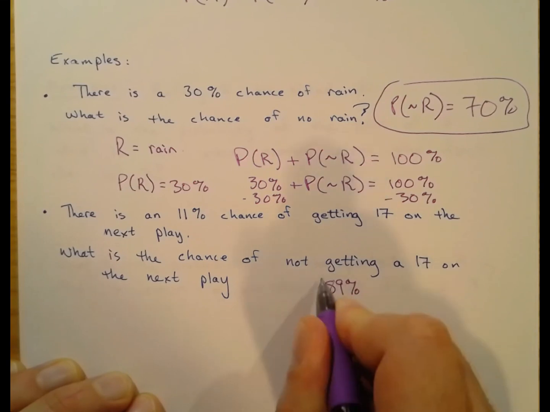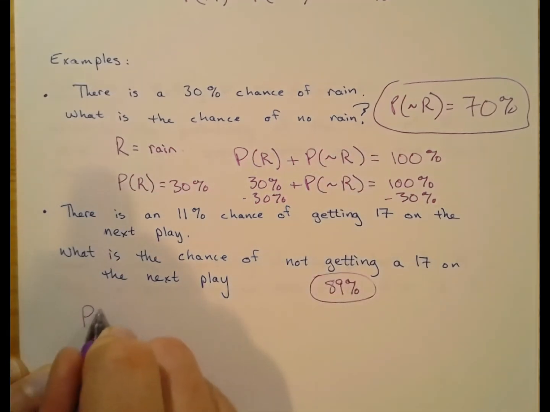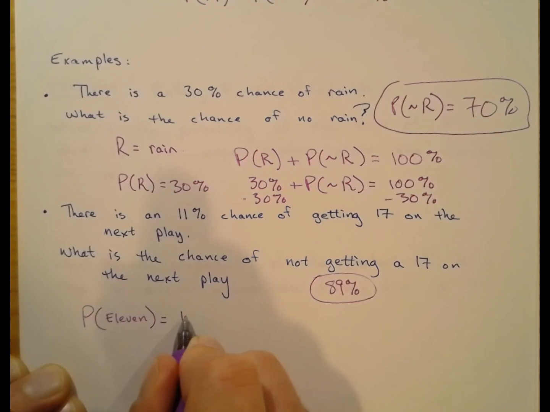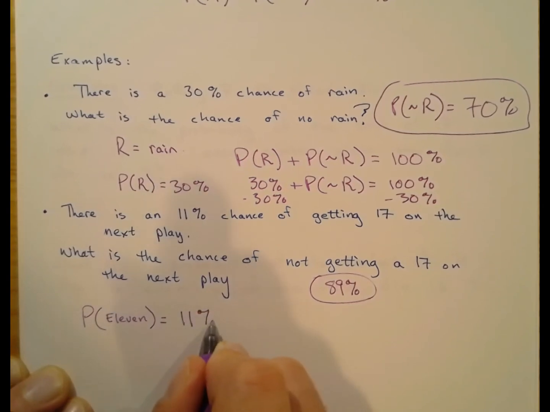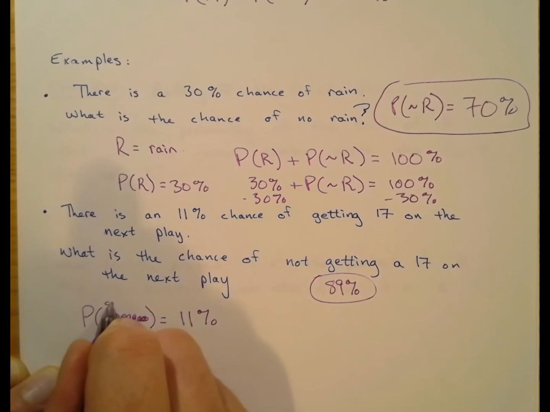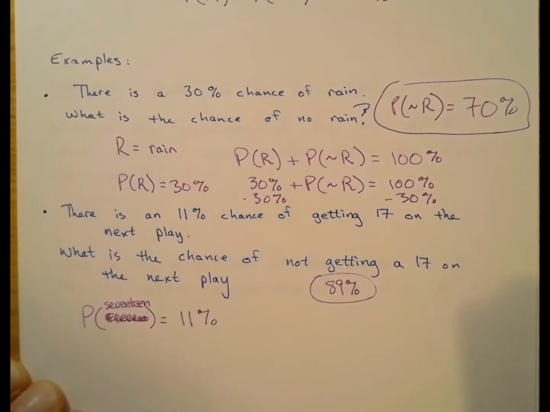We'll just quickly work that out. So let's say the probability of getting 17 is 11%.